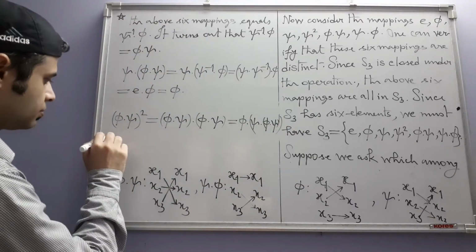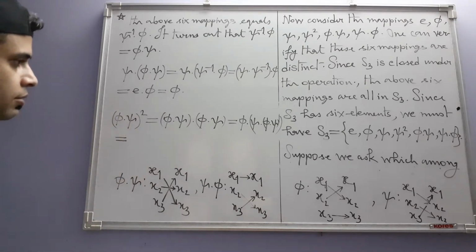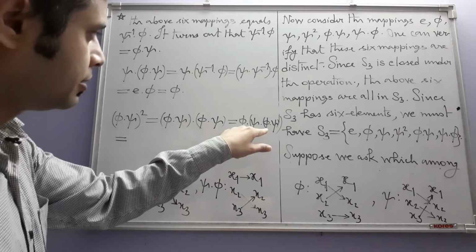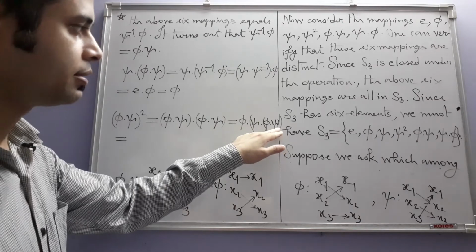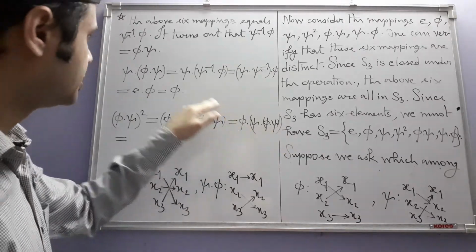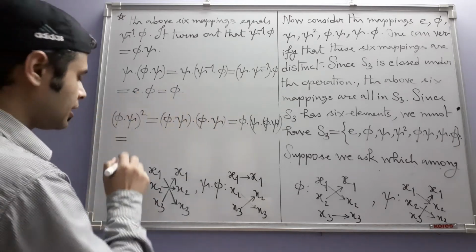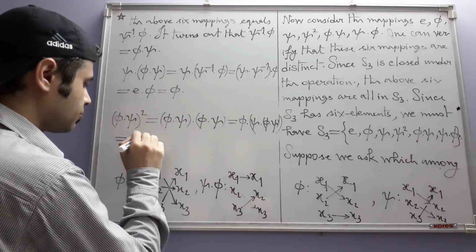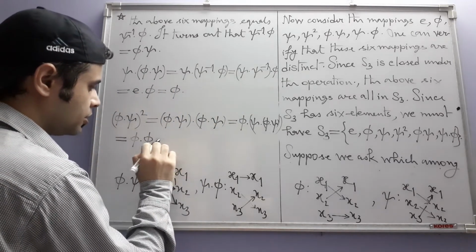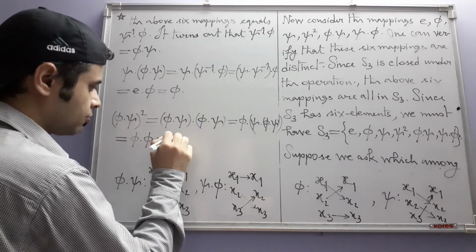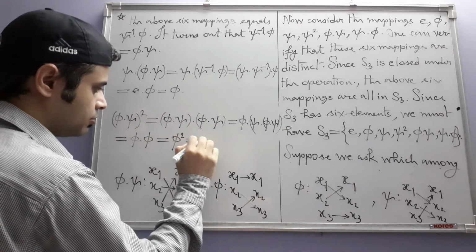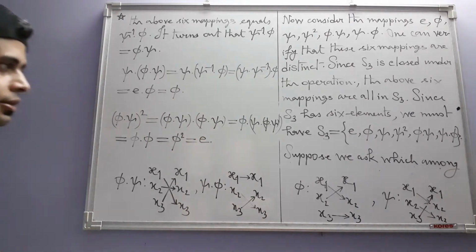Now you see here that the thing inside the outer brackets is nothing but psi dot phi dot psi, so that is equal to phi. So this becomes phi square, that is equal to identity.